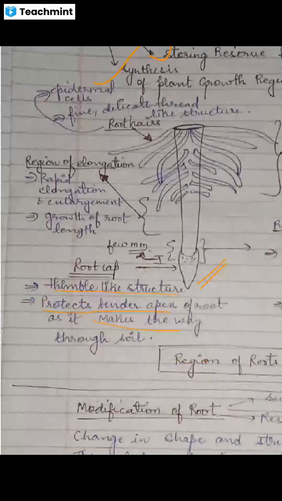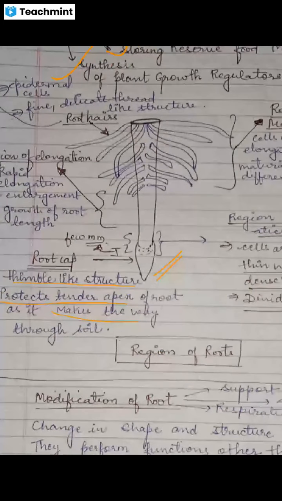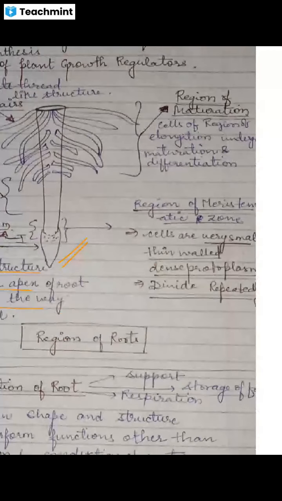Second, the region proximal to the root cap is the meristematic zone, which consists of cells that are very small in size. The cell wall is thin and it has dense protoplasm. Dense protoplasm means it has living material and it divides repeatedly to increase the size of the root.